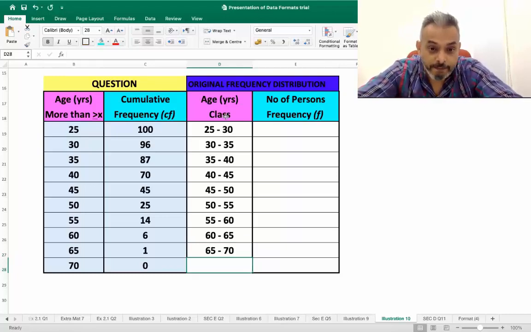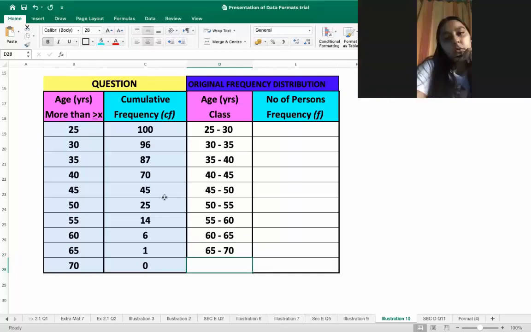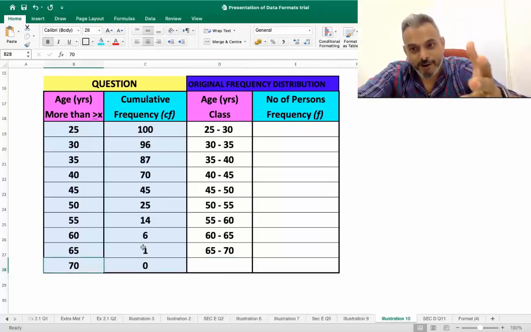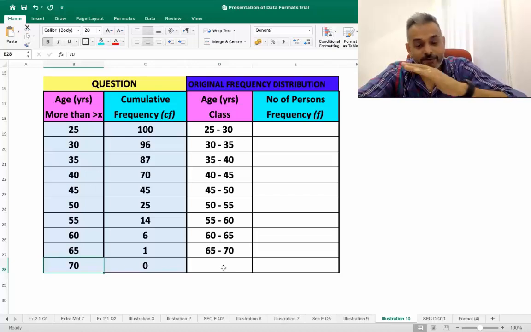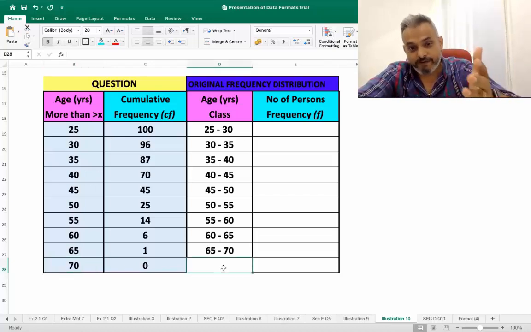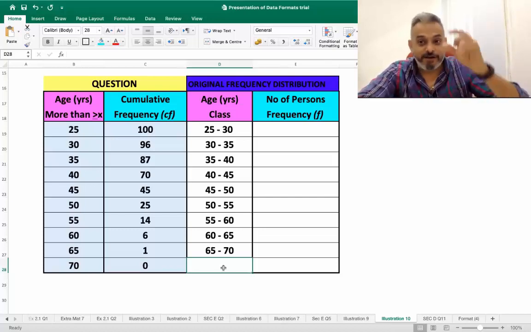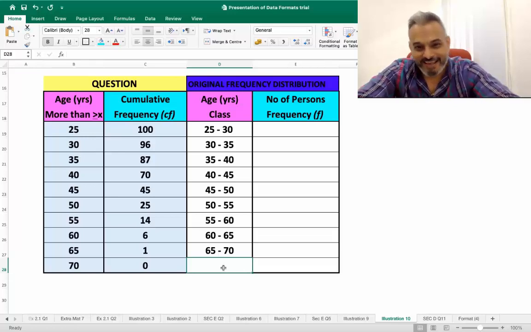Will it come? No, sir, because more than 70 is 0. So there is no frequency above 70, so there is no need to write it. You don't need to write 70 to 75 0, 75 to 80 0. No, no need.